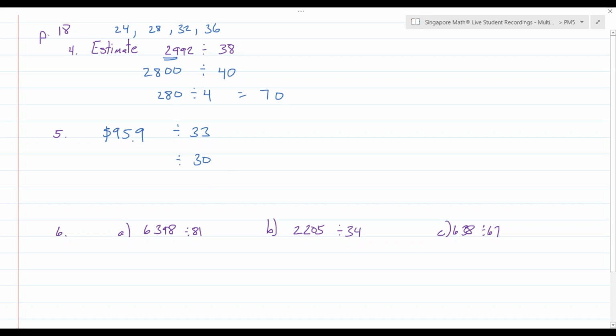And then for the 959, I need to figure out how to estimate that. And the easiest thing would be to take it straight to 900. 900 divided by 30 is the same thing as 90 divided by 3, which is 30. And so it's $30 each is a really good quick estimate.